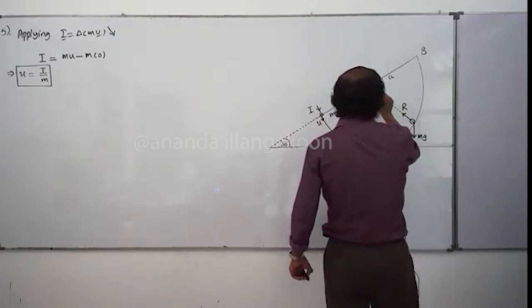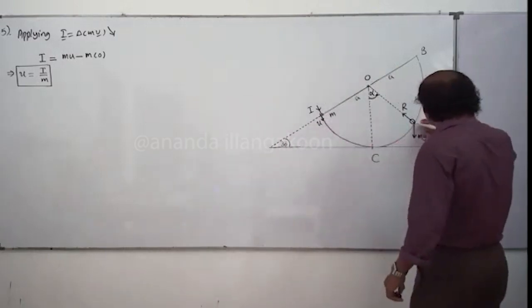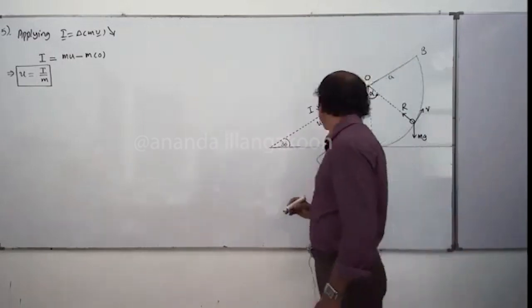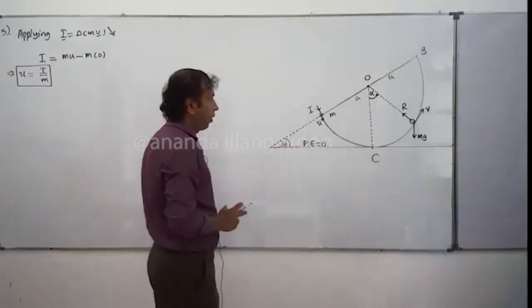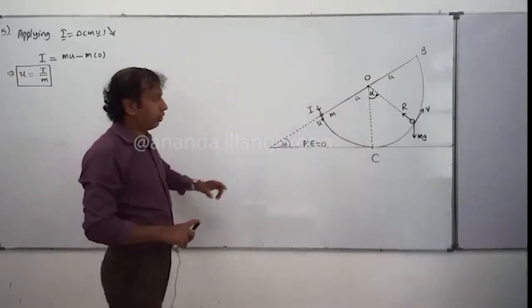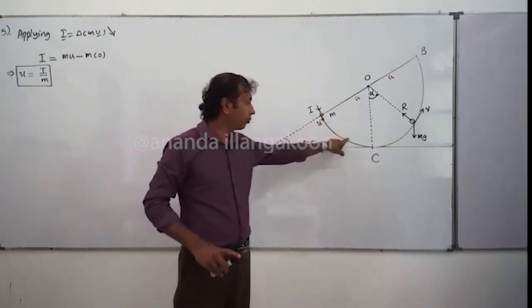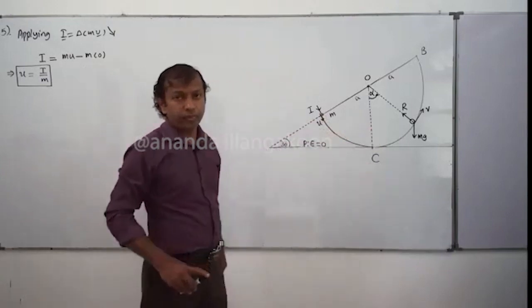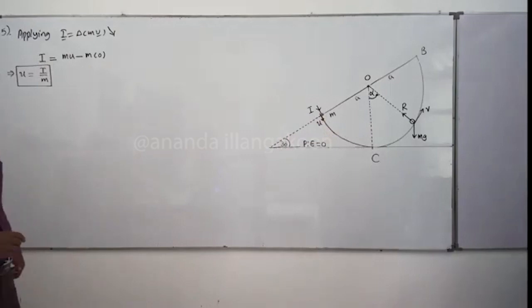This angle is alpha, the downward vertical. This velocity, suppose v. I take this level as the potential energy zero level. After giving this velocity u, the particle moves inside the ball this way. Then we can apply conservation of mechanical energy and F equals ma. Thereby we can find the answer.